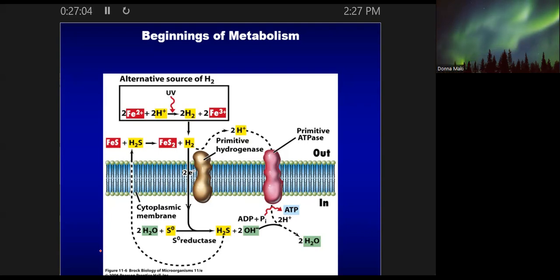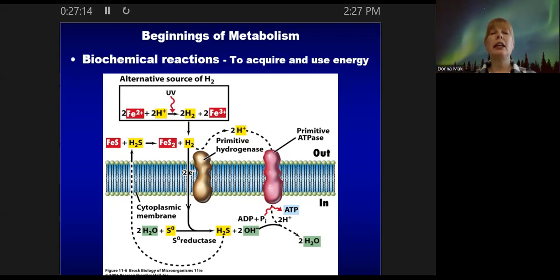Well, let's give it some study over the weekend, look at it a little bit, and then Monday we'll go through it one more time and I'll answer any questions you might have. But basically, I like to think of it as games. The microbes are playing games, and there are certain rules of these games that they have to follow. You want to win the game. There's some goal, and in this case, the goal is ATP.